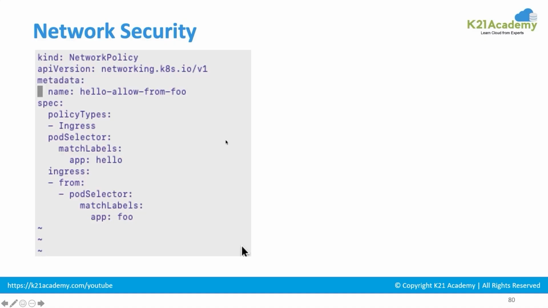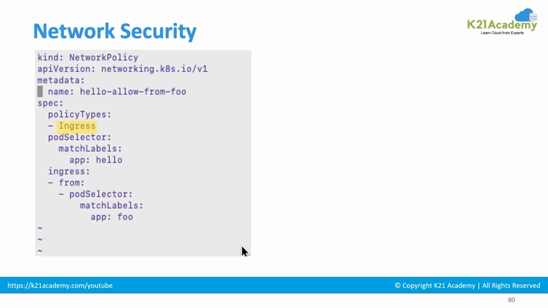And in the specification section, I can specify the policy type. A policy can be either ingress type or egress type. So this is an ingress policy. In the ingress policy, I can specify my condition. Here I'm selecting the pods which have the label app: hello.